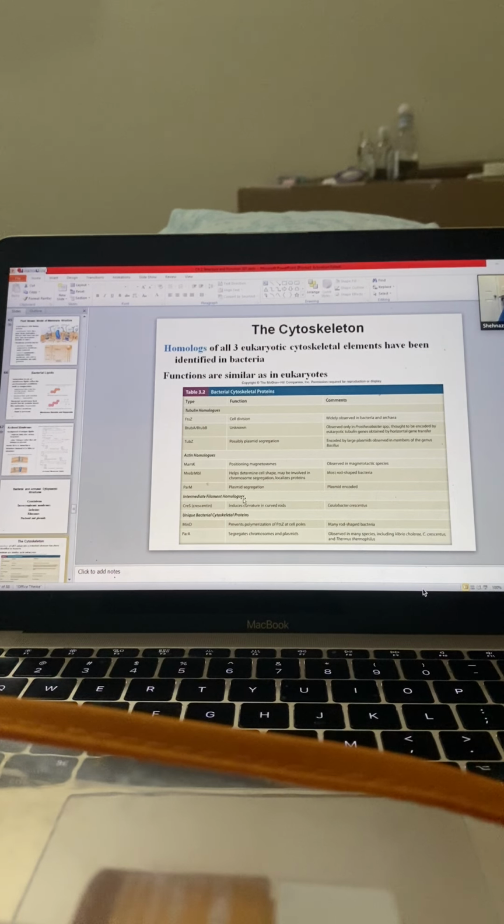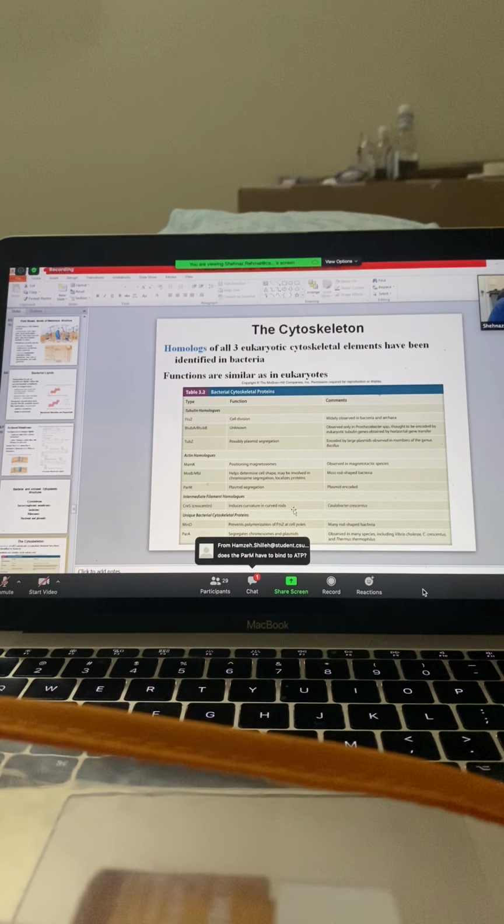Then we have something that is homologous to intermediate filaments that is found in your eukaryotic cells. And this is, again, a very interesting one, which we will look at a little bit later. It's called CreS, crescentin protein. This crescentin protein is found in Caulobacter crescentus. Now, this bacterium is one that has a curvature in the rod. So it's a curved bacterium, and this protein induces a curvature in the rod.